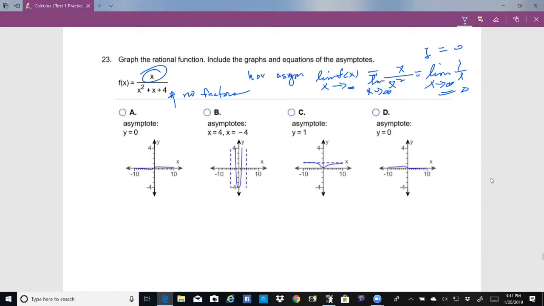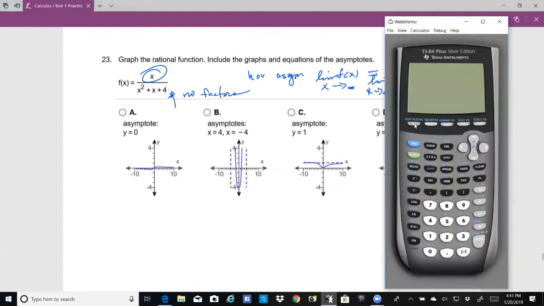Now go ahead and put this in your calculator. Tell you the truth, you can just about do it in your head. Very carefully put it in your calculator: x divided by, now use parentheses, x squared plus x plus 4.